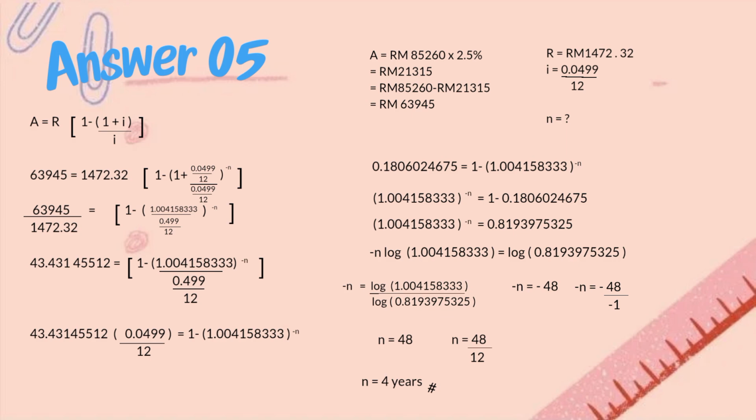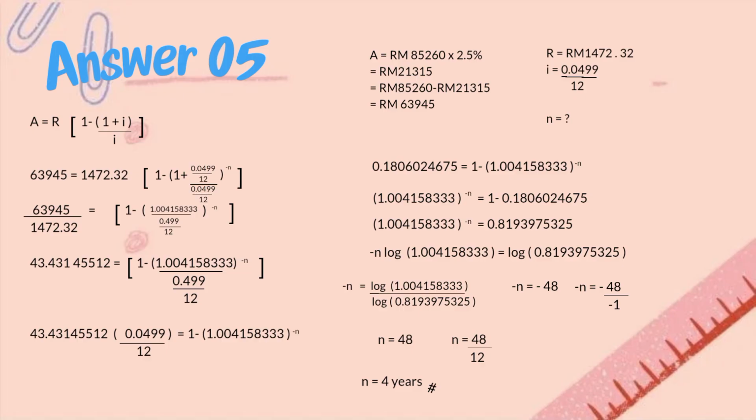And we change 63,945 over 1,472.32, and we can get 43.431. And then 0.0499 over 12, we can get 1.00415. And then we take the answer to the back.